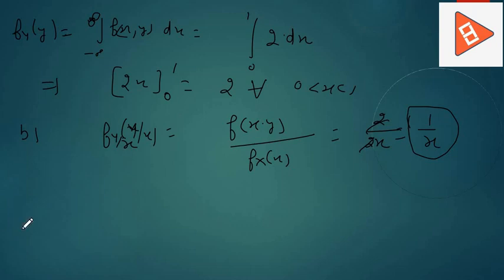In the third part, we have to find whether x and y are independent. The two-dimensional random variable will be independent if and only if its joint density function is equal to the multiplication of their marginal density functions.